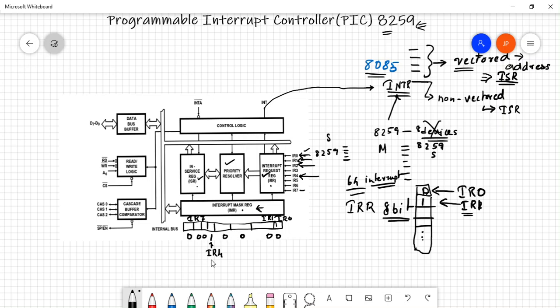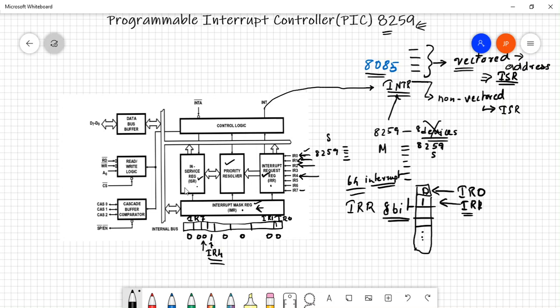Let's say if IR4 and IR5 occur at the same time, IR4 will be taken up first, then it checks the IMR register, which is the interrupt mask register. It finds out that IR4 is masked, so it discards IR4 and then takes up IR5. Again it does the second check, the IMR register. It checks whether IR5 is masked or not. It is unmasked, so it goes to the third check.